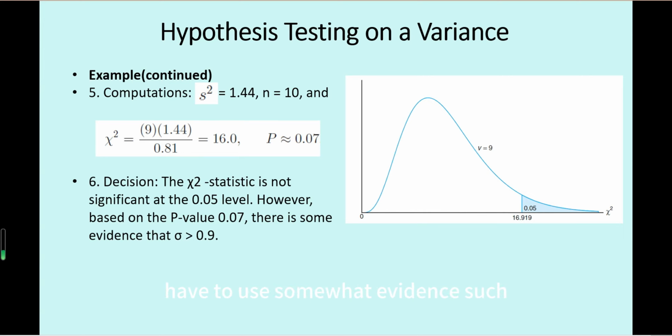We have to say there is some evidence that sigma is larger than 0.9, because this is only one random sample with a sample size of 10. So we have to be cautious, not just say yes or no. We can say there is some evidence that sigma is larger than 0.9.